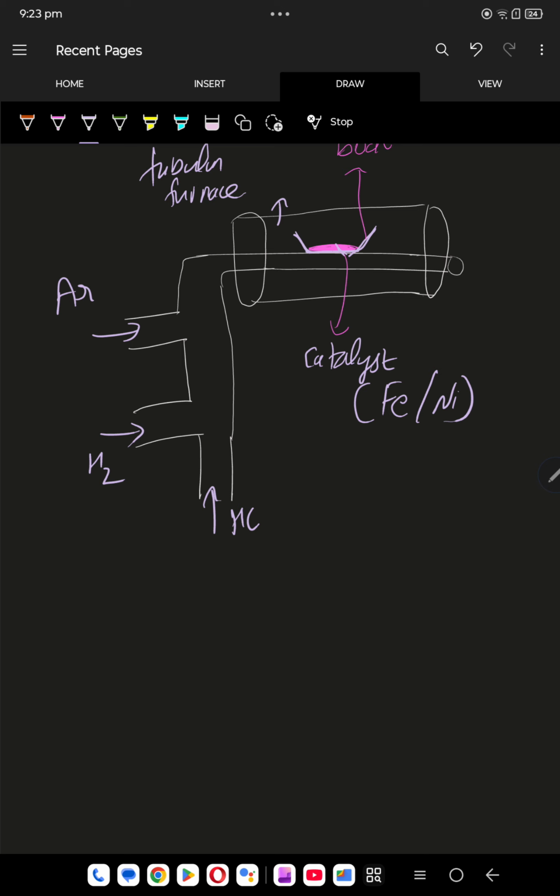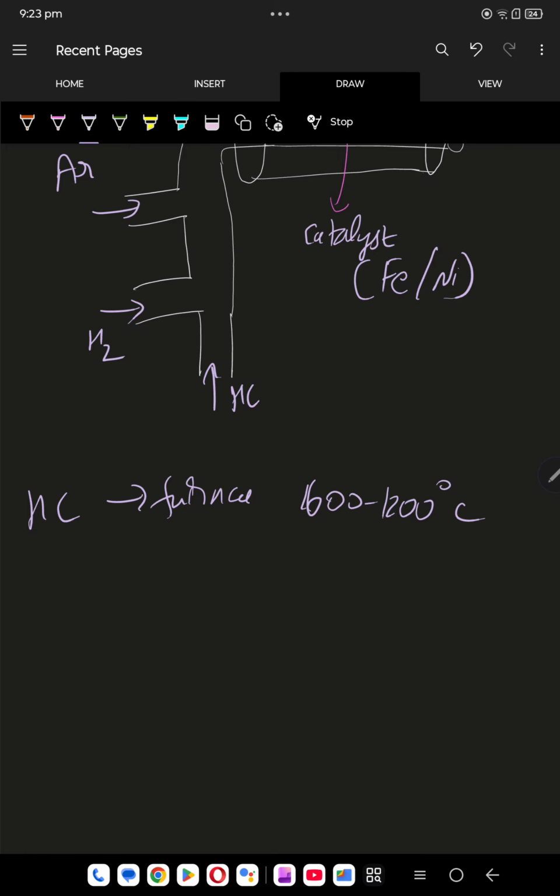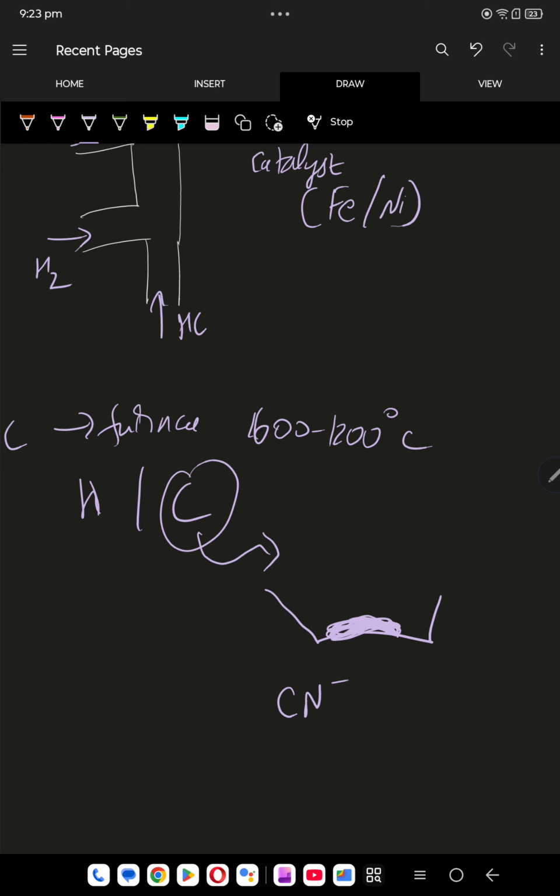The hydrocarbon, when it enters the furnace at 600 to 1200 degrees Celsius, breaks apart. The carbon part goes to the catalyst. It dissolves in the catalyst and it slowly forms carbon nanotubes. Once it is cooled, the carbon nanotubes are collected.